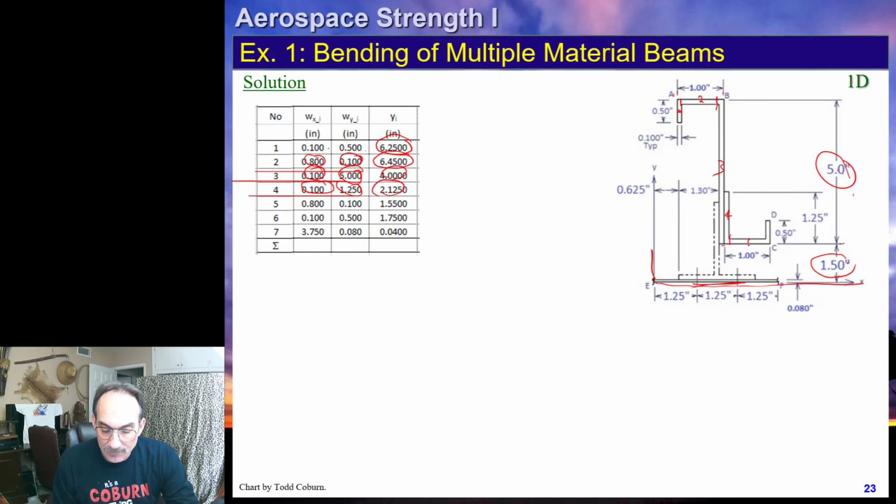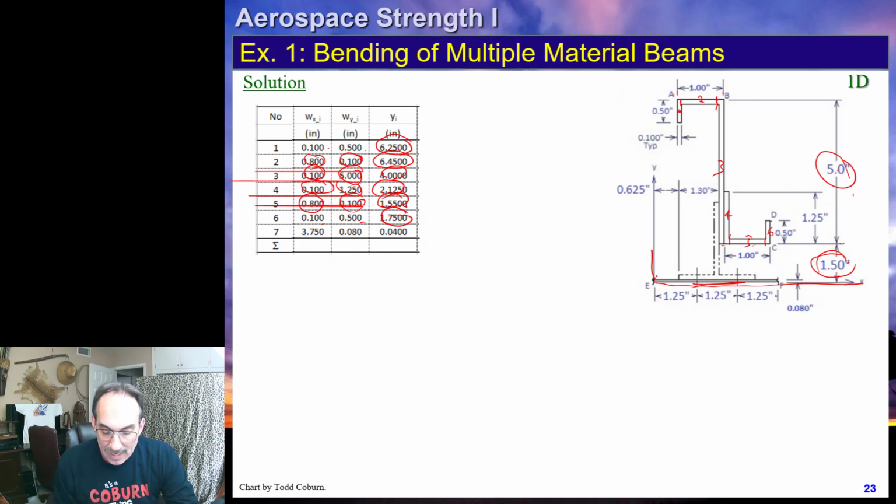Our next element, 5, is this little piece. We're going to break it up right there. That means it's 1 minus 0.1 minus 0.1, which is 0.8. It's 0.1 inches tall. It's located at 1.5 plus t over 2. Our next element, 6, is right here. It looks like it's 0.1 by 0.5, and it's located at 1.5 plus 0.5 over 2.